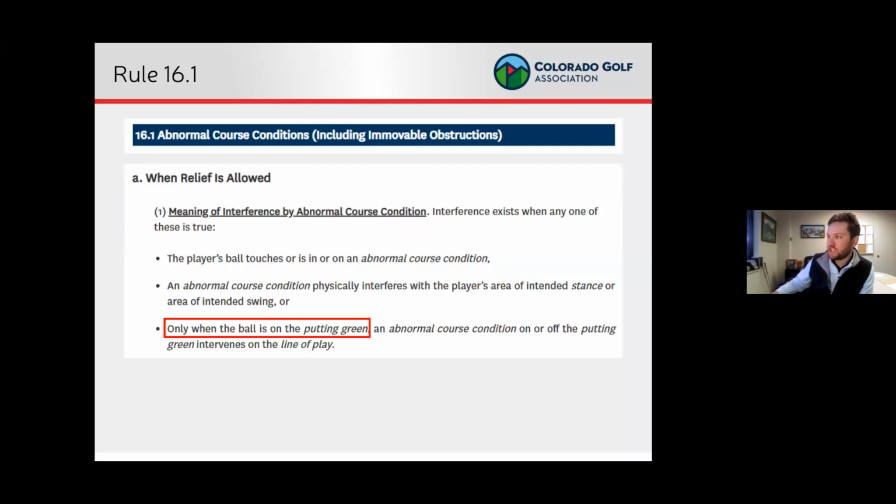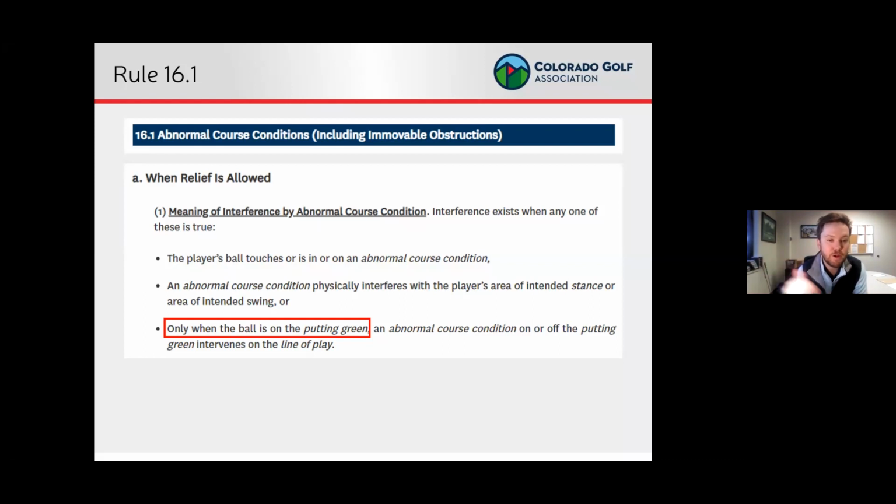We get a lot of questions about, I'm 10 feet behind a sprinkler, an irrigation box. It's right in line with the putting green. Do I get relief from that? Well, if you're 10 feet behind it, you don't have any interference as defined here, because the ball does not touch it and it does not physically interfere with the player's area of intended stance or swing. It's in your line of play, but the only time line of play matters is when your ball is on the putting green, which is a very special place.